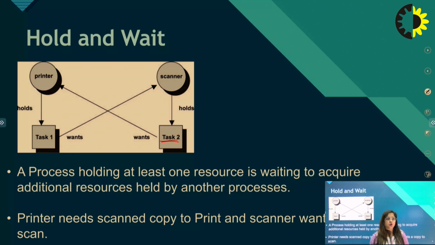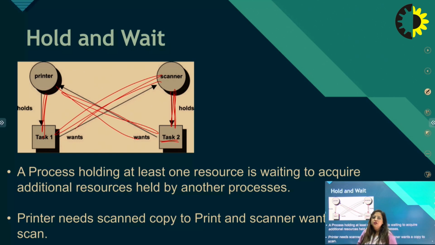In this scenario, each holds one resource and waits for the other, so the hold and wait condition occurs in deadlock. A process holding at least one resource is waiting to acquire an additional resource held by another process. The printer needs the scanned copy to print, and the scanner needs the copy to scan.